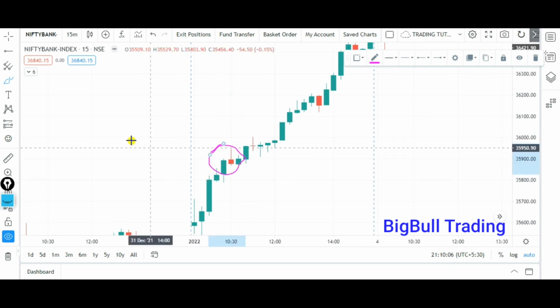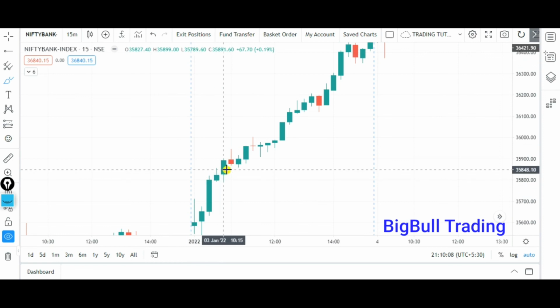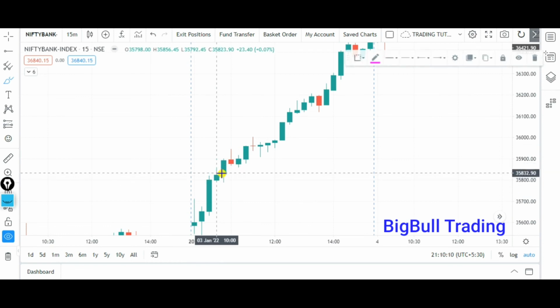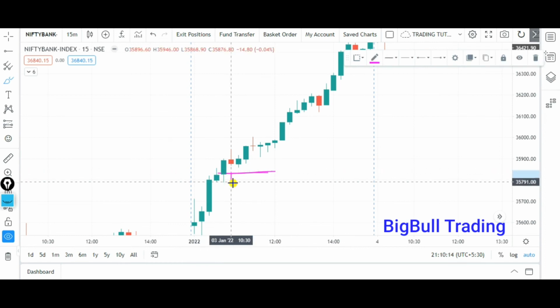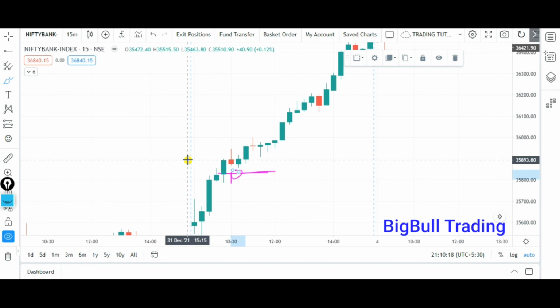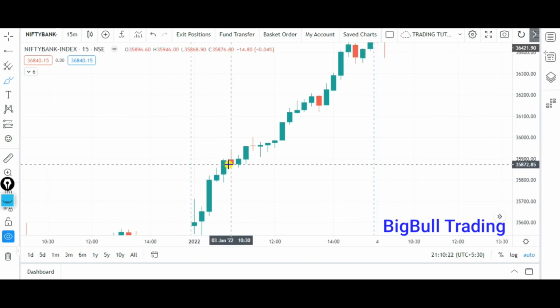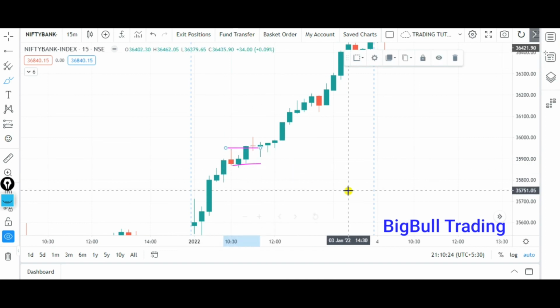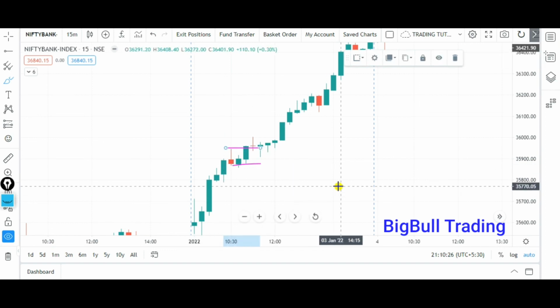No. Why no? First of all, two options. The safest option is you should take the entry below these candles. When this candle low is broken, you could have taken the trade. Number one, this is for the safe trader. And those who are aggressive traders, maybe they have taken the trade here, their stop loss would have been hit. Understand? So this is how it works.